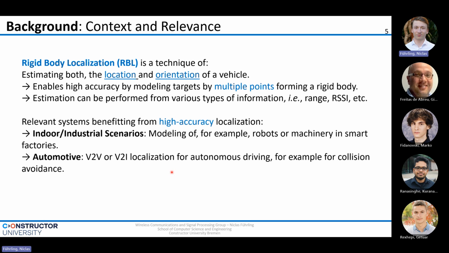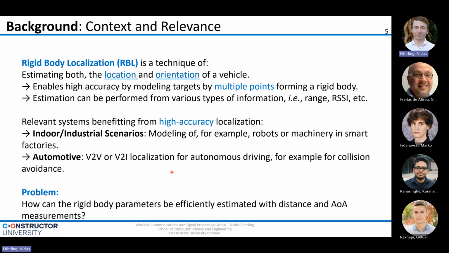And of course, where is this relevant? You can do it in indoor and industrial scenarios, so you can model, for example, robots and machinery in smart factories. But just looking at the previous picture, this is of course highly important for automotive, so V2V or V2I localization. If you want to go into autonomous driving, this will become very interesting.